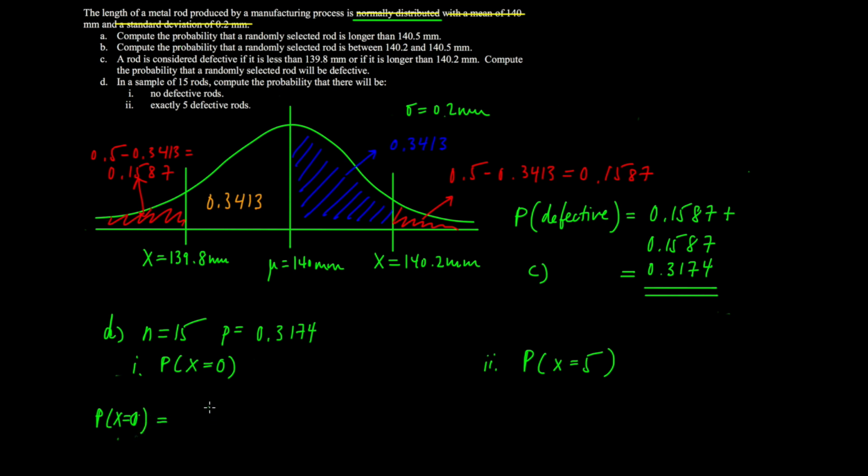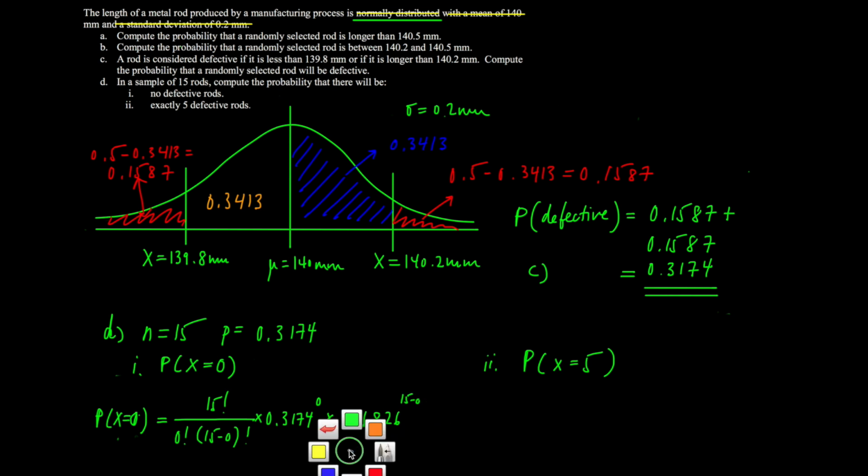So this is going to equal 15 factorial divided by 0 factorial times 15 minus 0 factorial, times 0.3174 to the power of 0, times the complement, 0.6826 to the power of 15 minus 0.